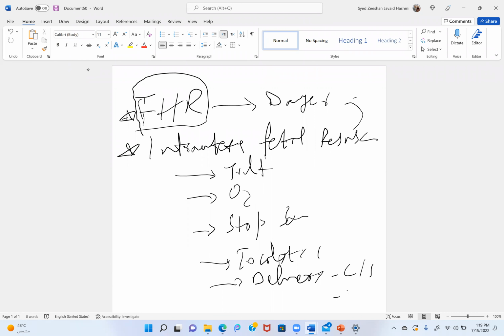Then you should have a concept, because if they ask you, you may confuse what is placenta previa, what is placenta accreta, what is placenta percreta, what is placenta increta, what is vasa previa, what is cord prolapse, what is abruption.